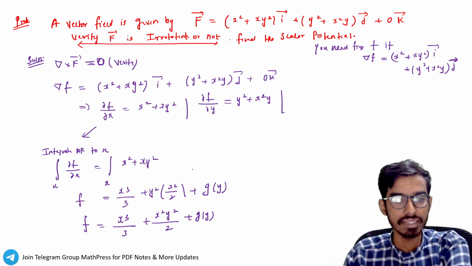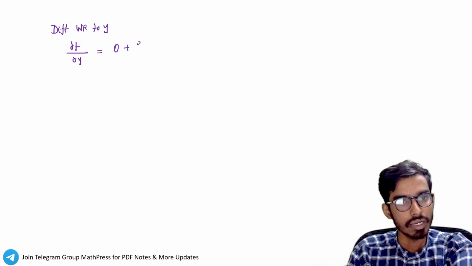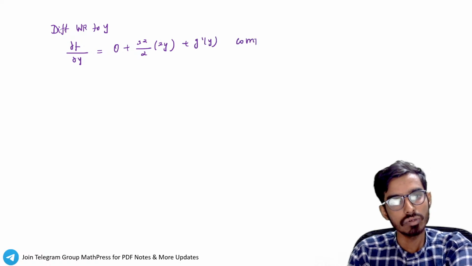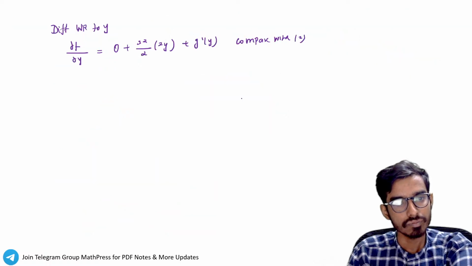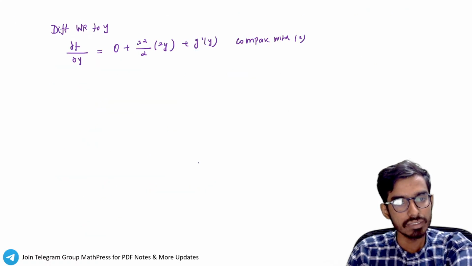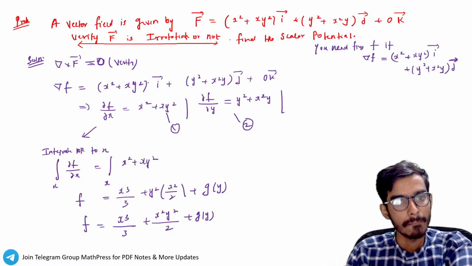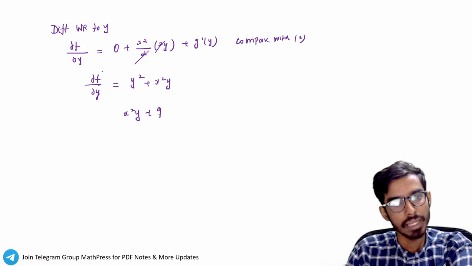Now differentiate with respect to y and compare. Call this 1 and this 2. So dou f by dou y is equal to 0 plus, as x square by 2 is constant, x square y plus g dash of y.